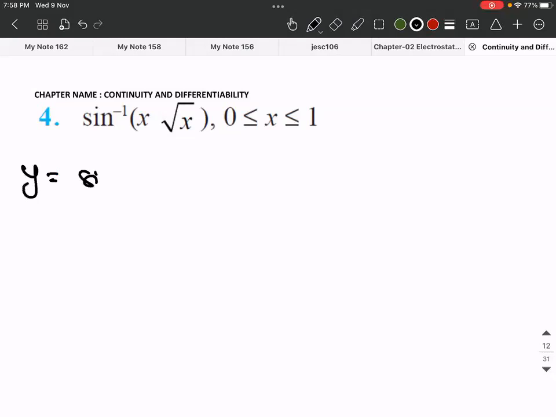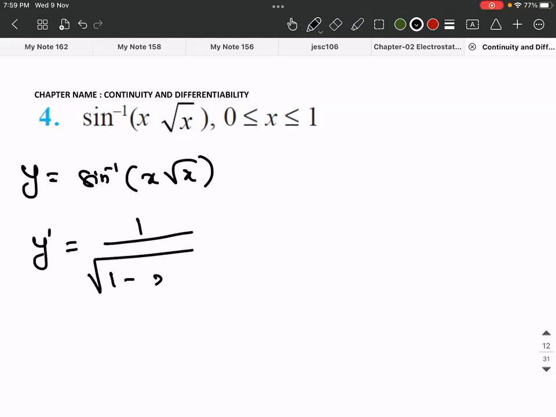So y is equal to sine inverse of x root x. What is y dash? 1 by root of 1 minus x square. So x root x, the whole square is x cube, into derivative of x root x.